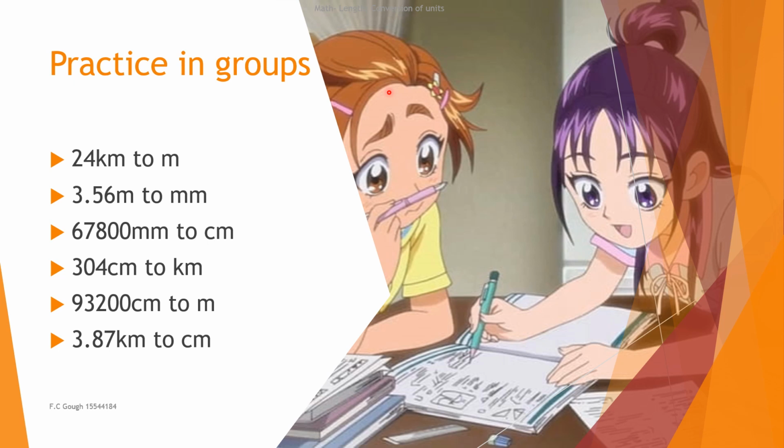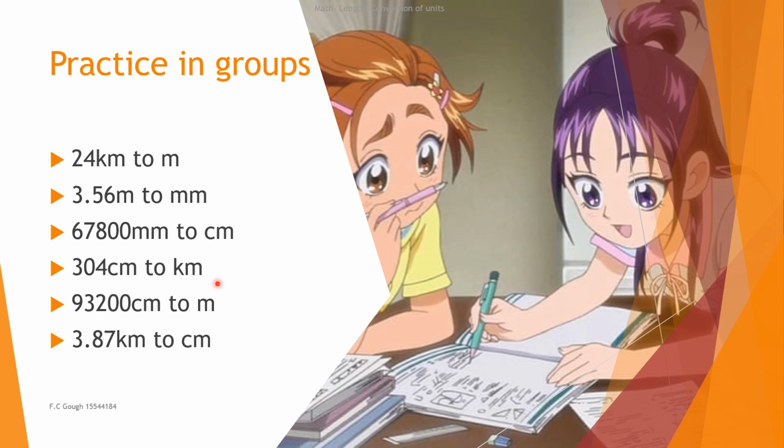Okay, so now you're going to practice in your groups, the groups that you're seated at, and you're going to do the following 6 problems. 24 kilometers to a meter, 3.56 meters to millimeters, 678,000 millimeters to centimeters, 304 centimeters to kilometers.